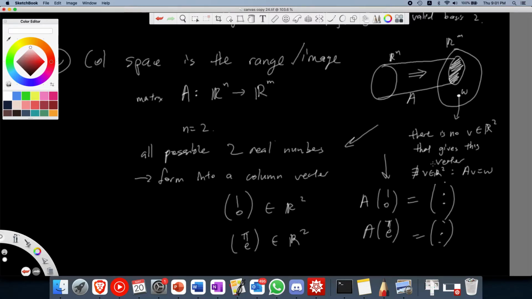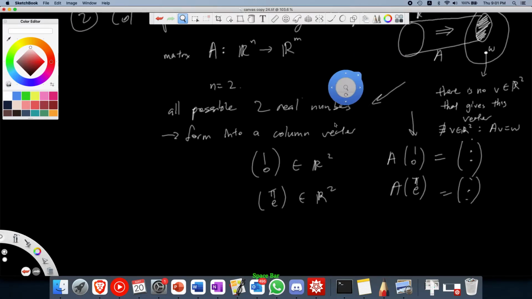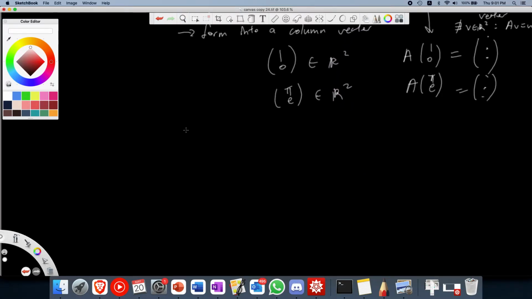So what does it mean by column space is the range? In order to see that, let's go into some numbers. So we have the matrix with columns (1, 0, 2) and (0, 1, 0), let's say. Now we represent any vector in R2 with x and y. So x and y live in R2, and we have not placed any conditions on x and y, which are real numbers. So in a sense, this x and y represents every single possible vector in R2. And what do we get?